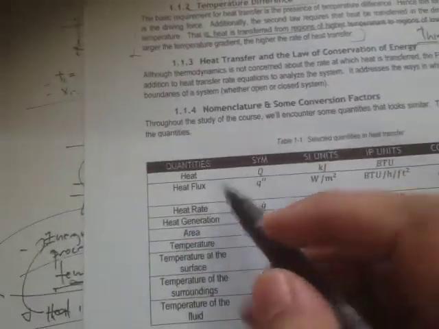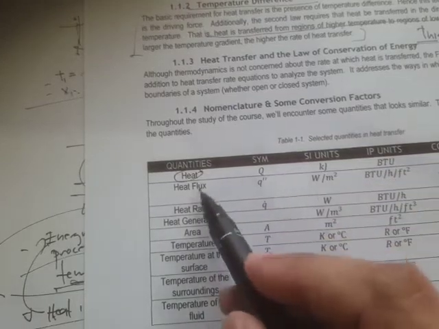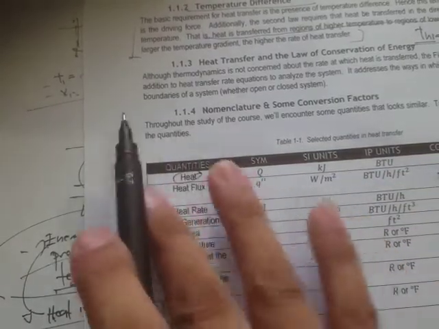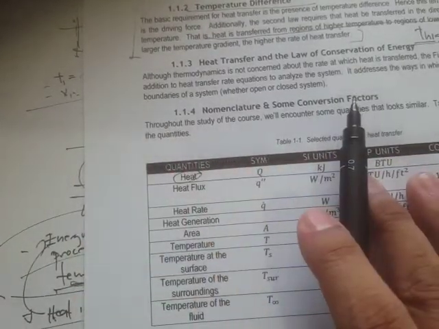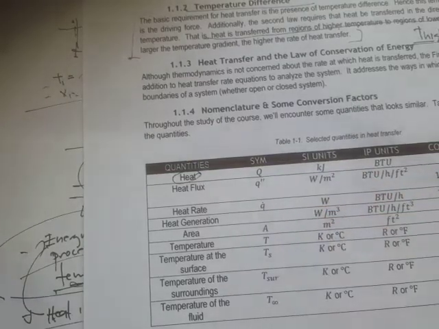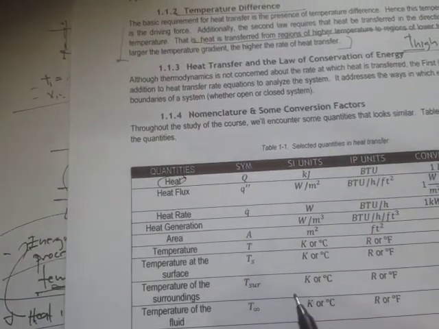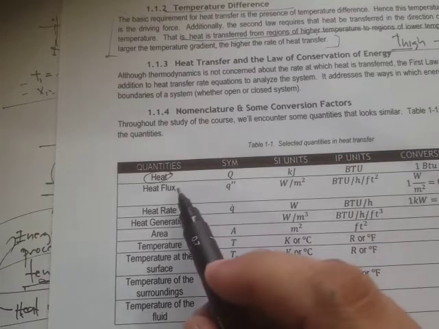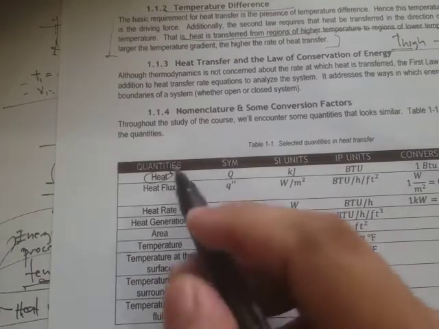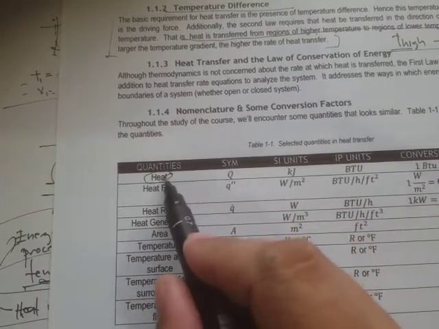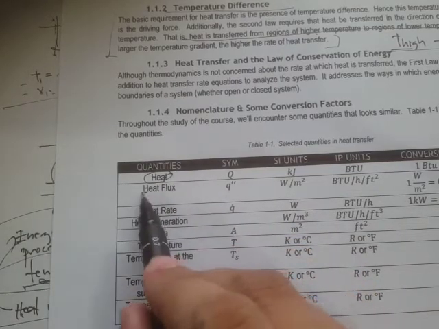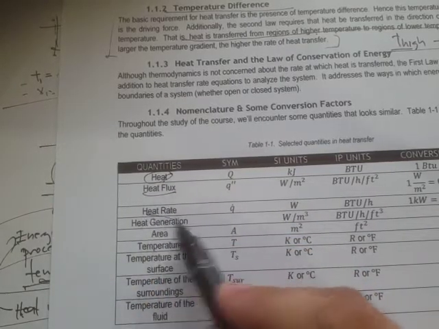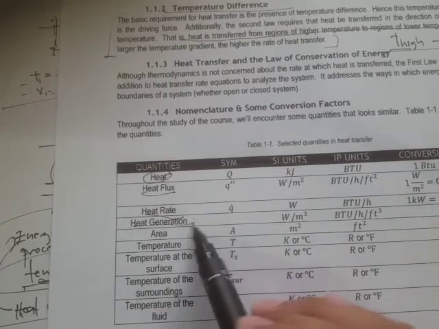Since we'll be dealing with heat, let's discuss this. There are actually a lot of quantities that look similar. Take note again, they just look similar, but they're not exactly the same. We have a term heat, and we have another term heat flux, and we have a term heat rate, and we also have a term heat generation.